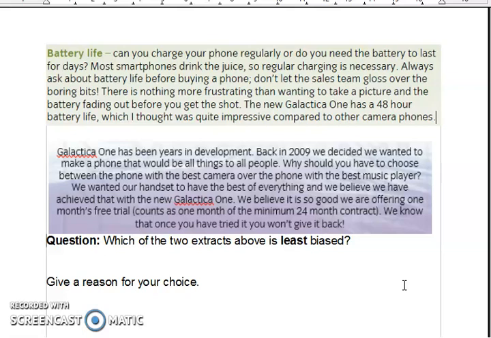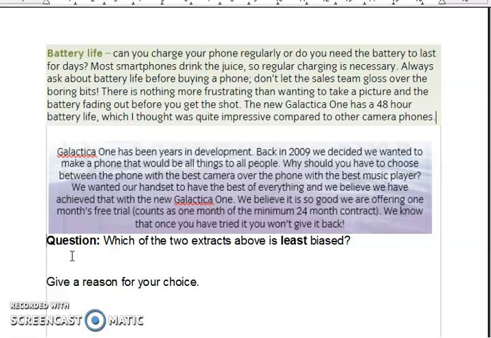So in this extract we are looking at these two extracts both deal with mobile phones. You've got extract 1 here, which is with the green background, and extract 2 here with the blue background. What we need to do with this is read both the extracts and decide which one we think is least biased.